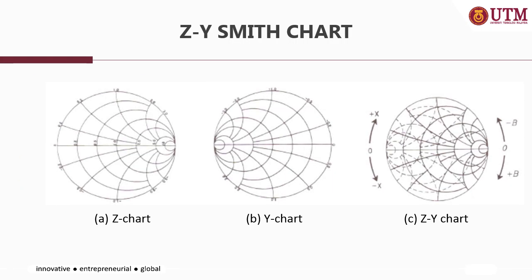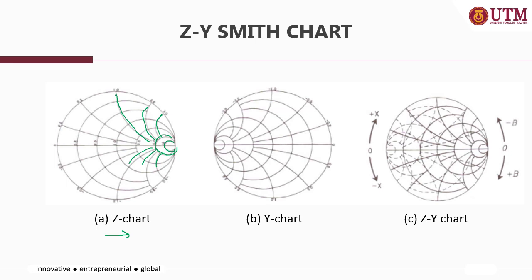Okay, there are basically three types of Smith chart, but we are going to focus on the Z chart, in which we have the circle lines and also the impedance, the reactance lines on top and at the bottom.